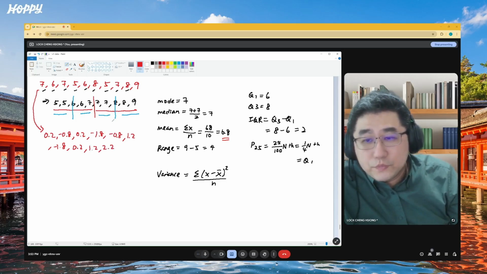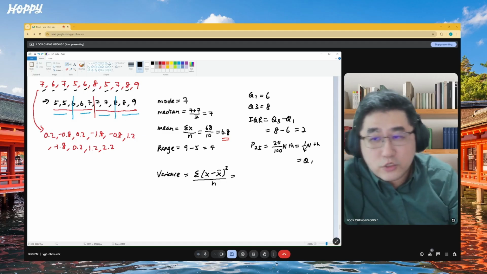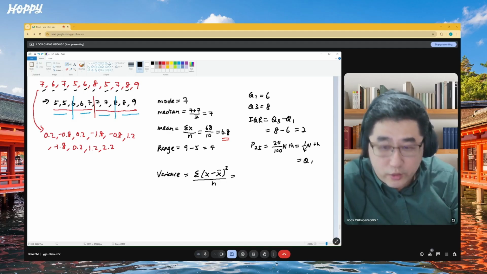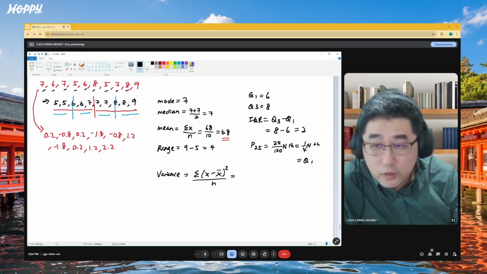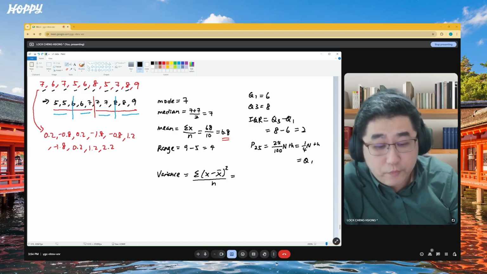Over here I sum the numbers, square them. So I have 0.2 squared plus 0.8 squared plus 0.2 squared plus 1.8 squared plus 0.8 squared plus 1.2 squared plus 1.8 squared plus 0.2 squared plus 1.2 squared plus 2.2 squared.